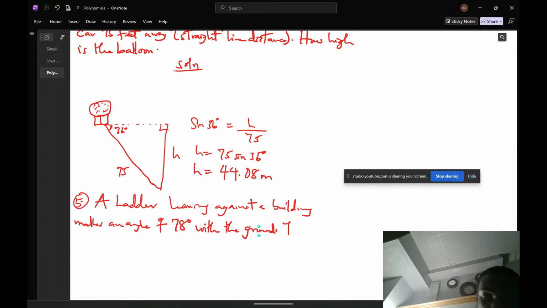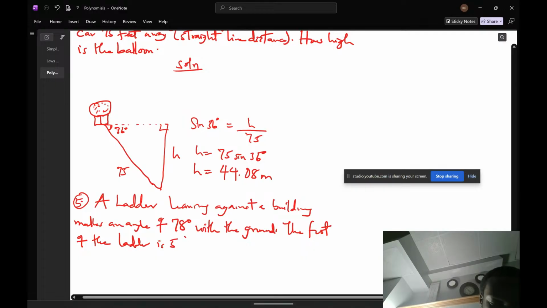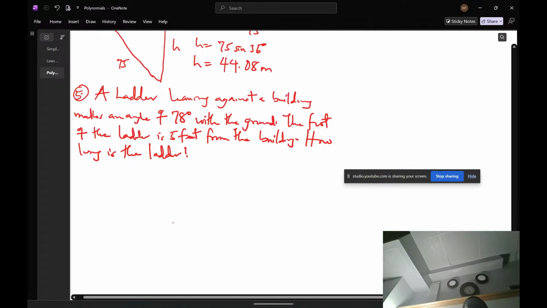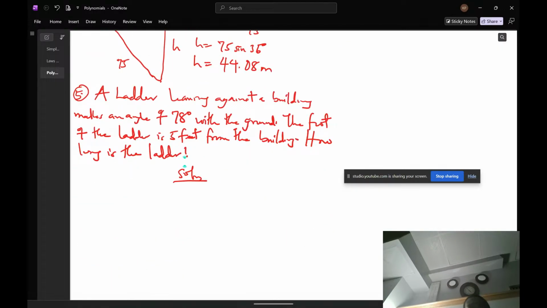The foot of the ladder is 5 feet from the building. How long is the ladder? It says that a ladder leaning against a building makes an angle of 78 degrees with the ground. The foot of the ladder is 5 feet from the building. How long is the ladder?